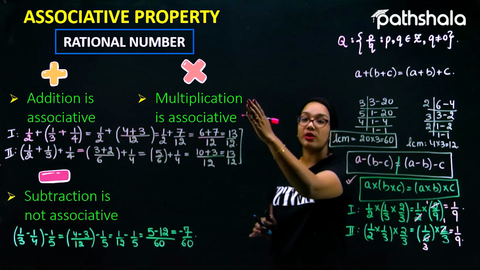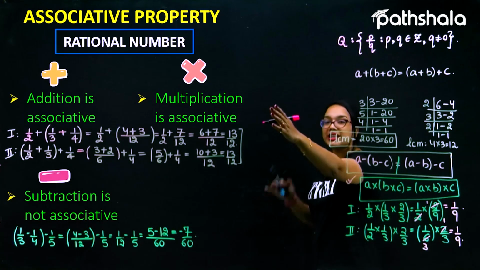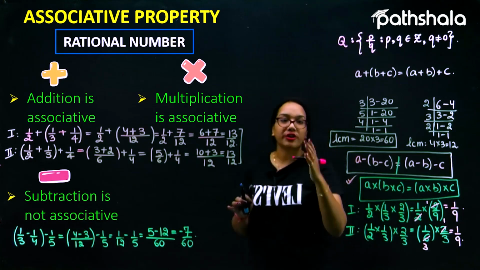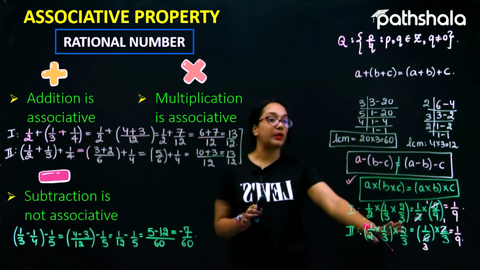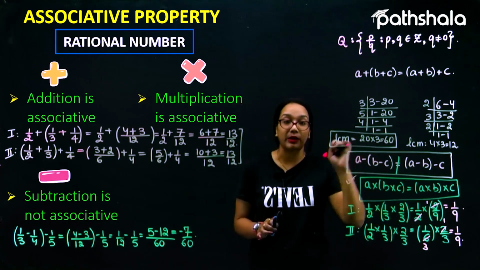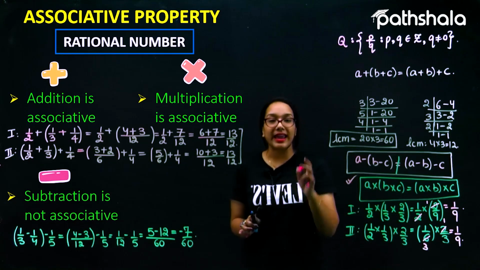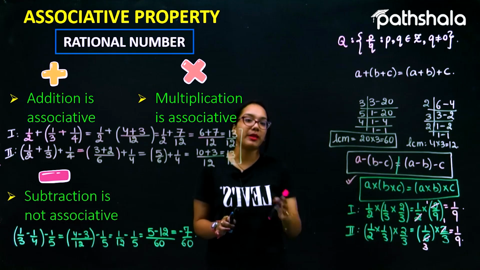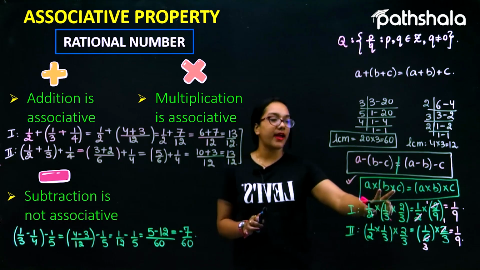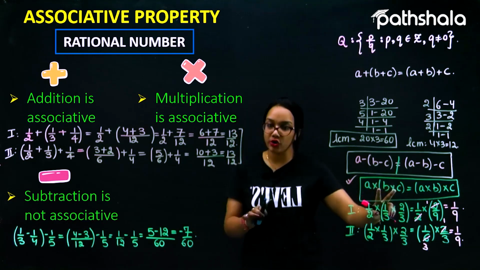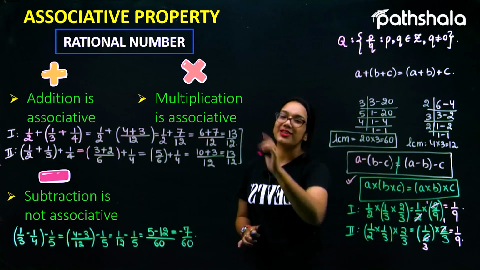As per this example, we have concluded that if we take any 3 rational numbers a, b and c, they satisfy this condition, which shows that multiplication is associative in nature.